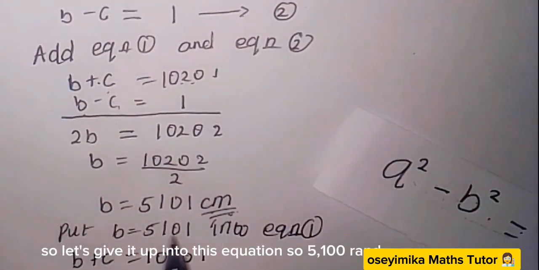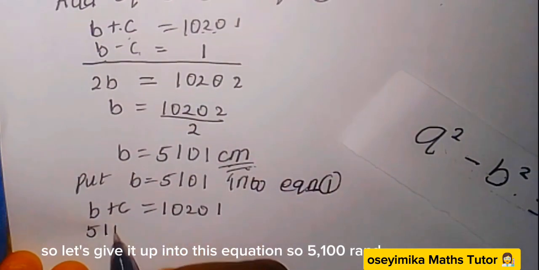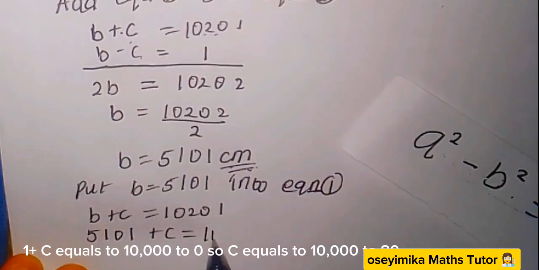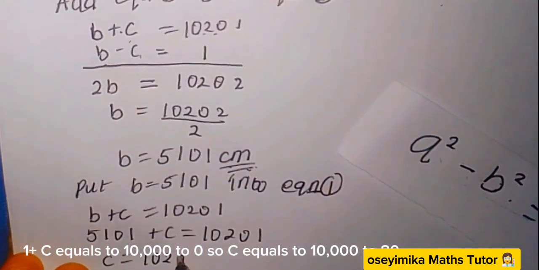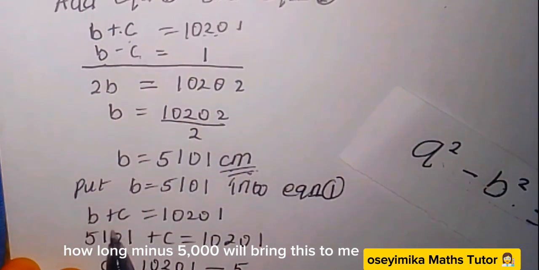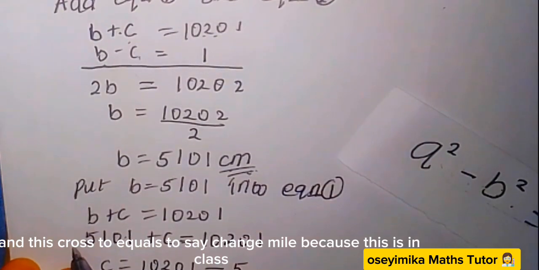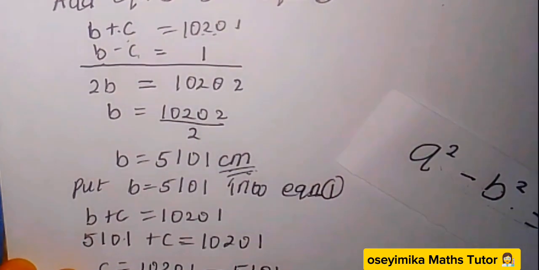So let's input our B into this equation. 5,101 plus C equals 10,201. So C equals 10,201 minus 5,101. When this crosses the equals sign, it changes to minus because it was plus.